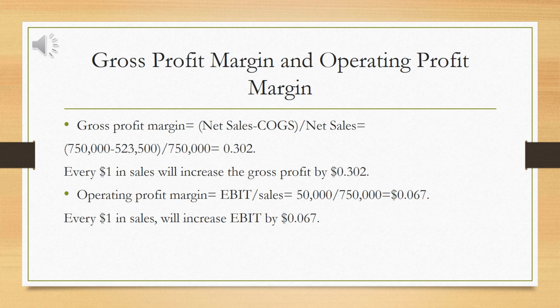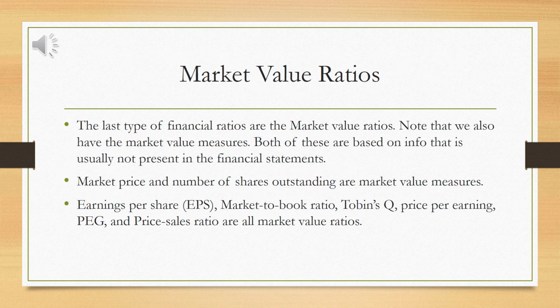Operating profit margin equals earnings before interest and tax over sales, which is 50,000 over 750,000, which is 0.067. Every $1 in sales will increase earnings before interest and tax by $0.067. The last type of financial ratios are the market value ratios.